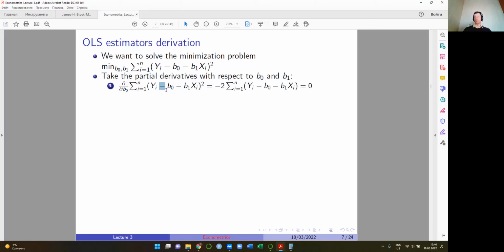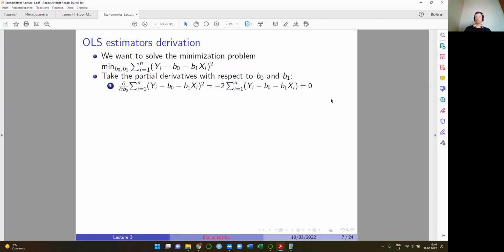This is the chain rule, and then a minus appears in front. So for every i, we have minus 2 multiplied by the expression in brackets to the power of 1. Then we factor out this minus 2, and we have minus 2 multiplied by this sum.